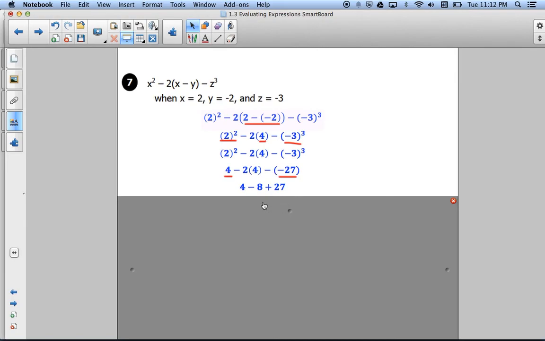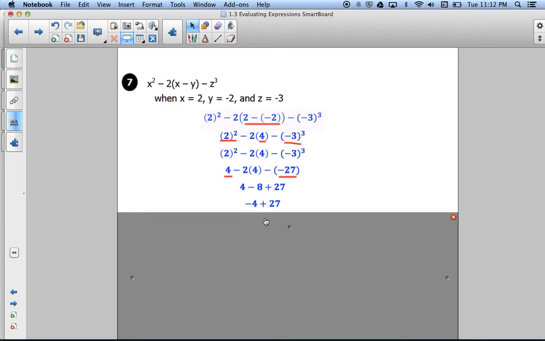And finally, we'll add and subtract left to right. So we'll handle our multiplication, division, then our addition and subtraction. So although this is subtraction first, addition there, addition and subtraction are the same level of precedence in the order of operations.